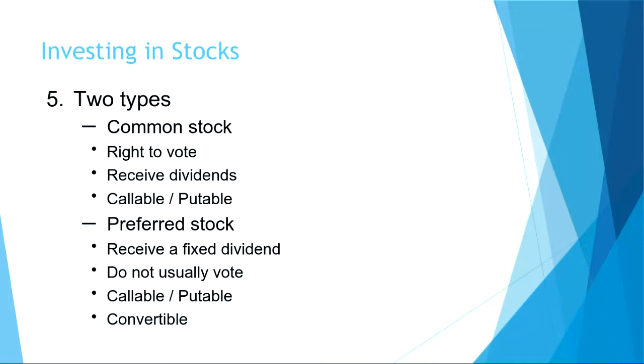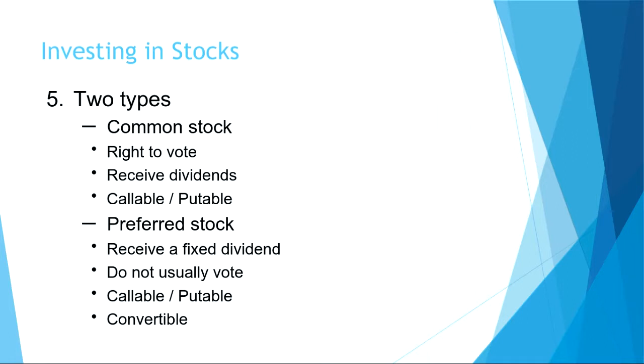So if it is a callable share, you know that this share will be called at any time or on a specific time. It's a predetermined time with a predetermined price level. So the company has the right to buy back these shares. It's not an obligation; it's a right. The company has this right.